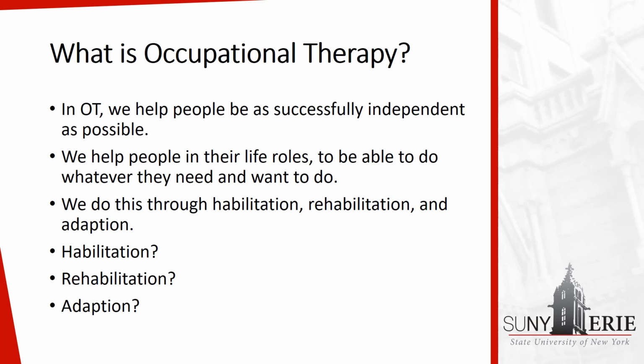For this person, they may need to regrow their independence and their skilled performance in their life roles. So if we're not doing habilitation and we're not doing rehabilitation, we might be working in adaptation.